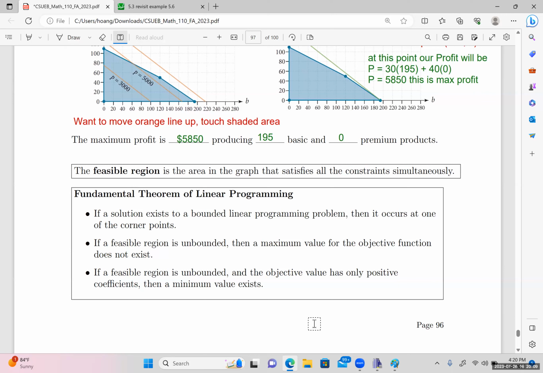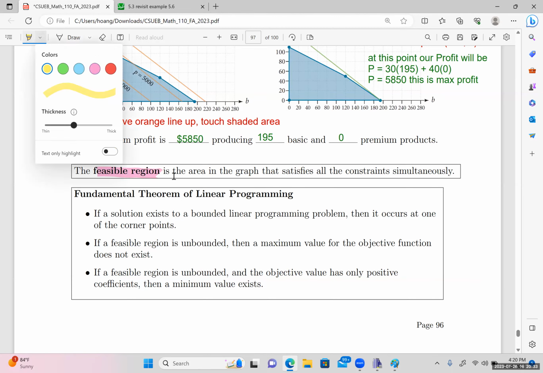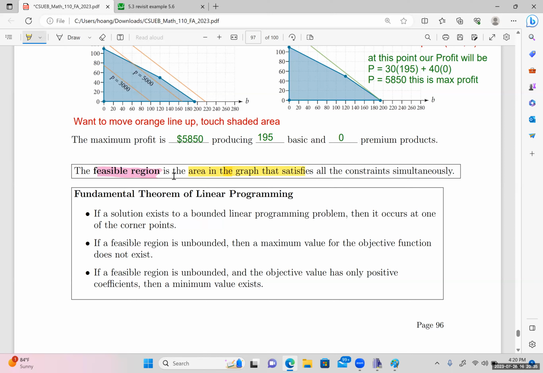So according to the problem above, we can make a conclusion that the feasible region is the area in the graph that satisfies all the constraints simultaneously, right?